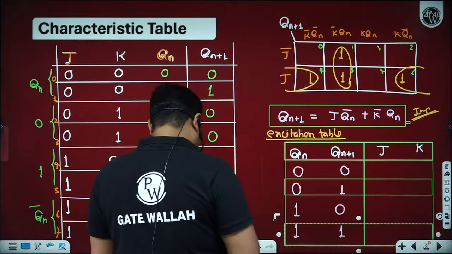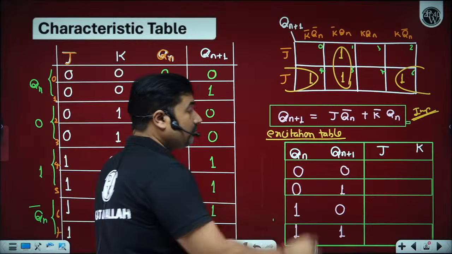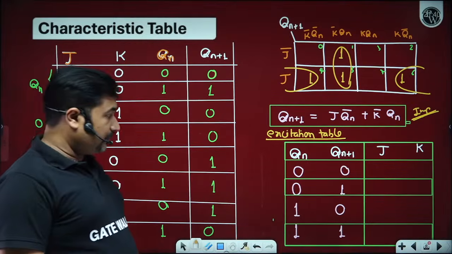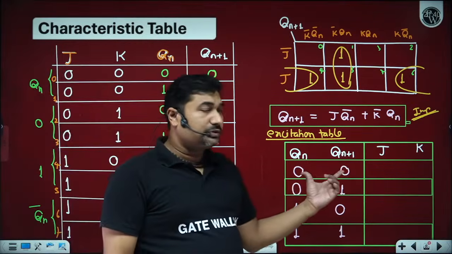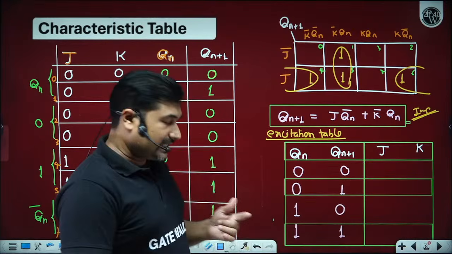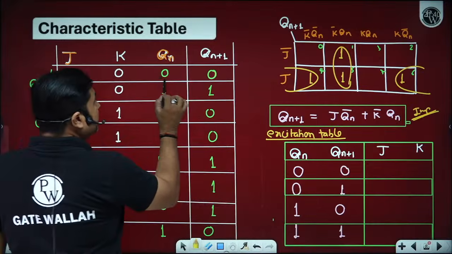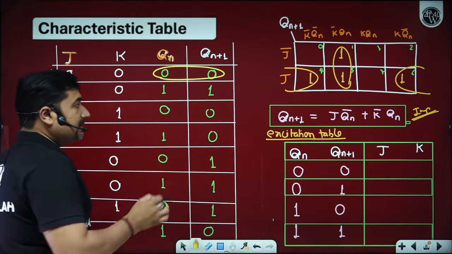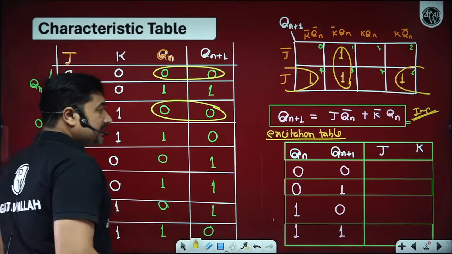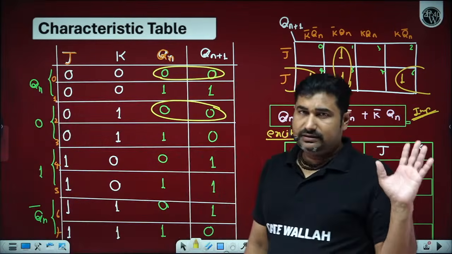So now please observe here. What happens for 0, 0? If the present state is 0 and next desired state is also 0. Characteristic equation suggests everything. Is it okay?